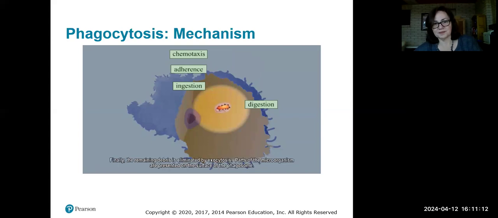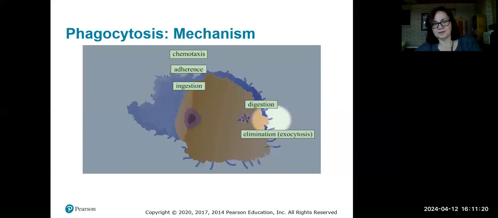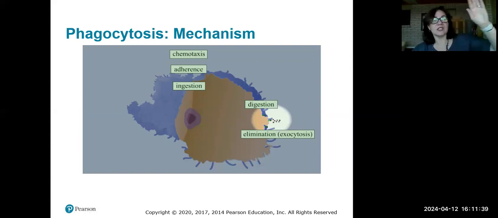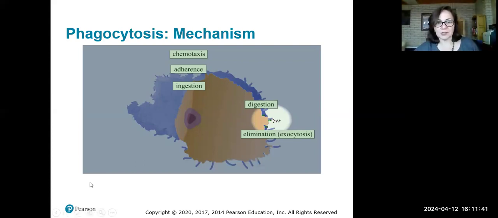Finally, the remaining debris is eliminated by exocytosis. Parts of the microorganism are presented on the surface of the cell. Ta-da! So this is how our macrophages help us to get rid of bacteria and then go report about it to some other cells that are going to help out later.